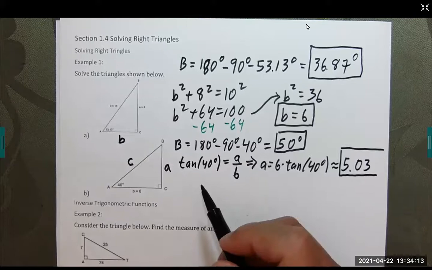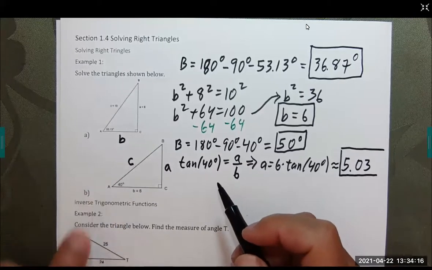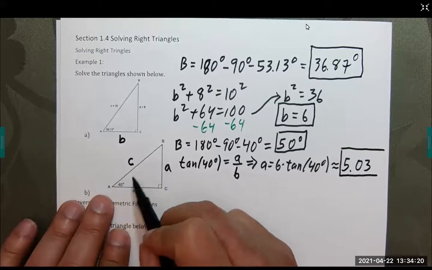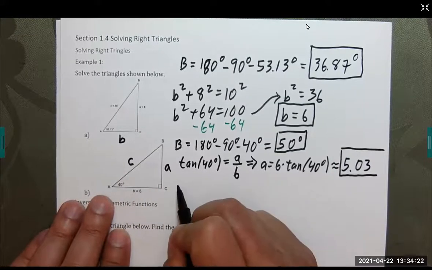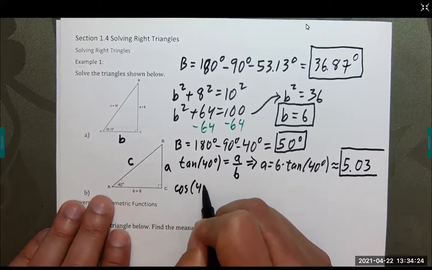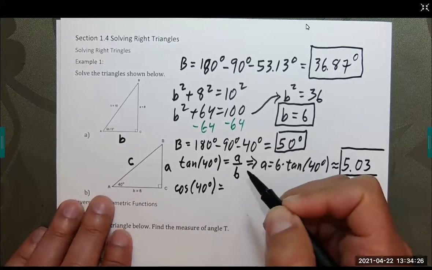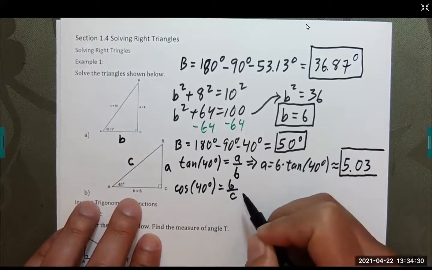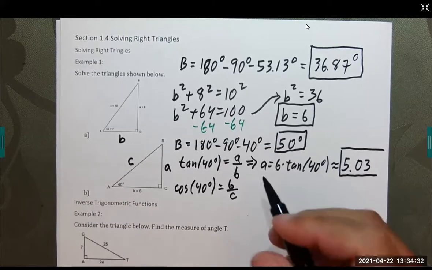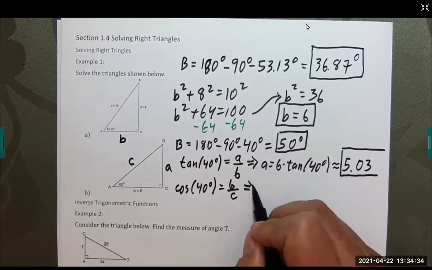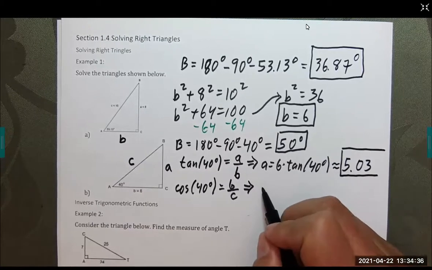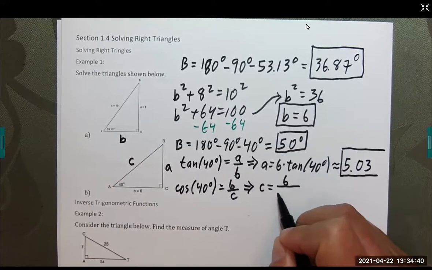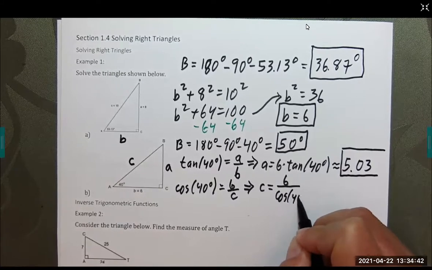We are now going to solve for c. Now, that's the hypotenuse. So I'm going to compare the adjacent to the hypotenuse. That is cosine. That's the adjacent 6 over c. And after we cross multiply and divide, we end up with c is equal to 6 divided by the cosine of 40 degrees.